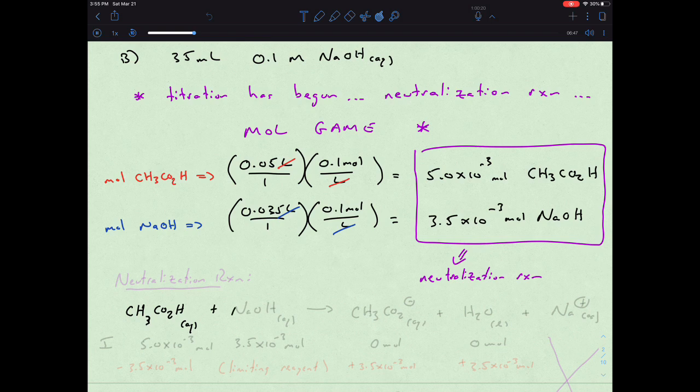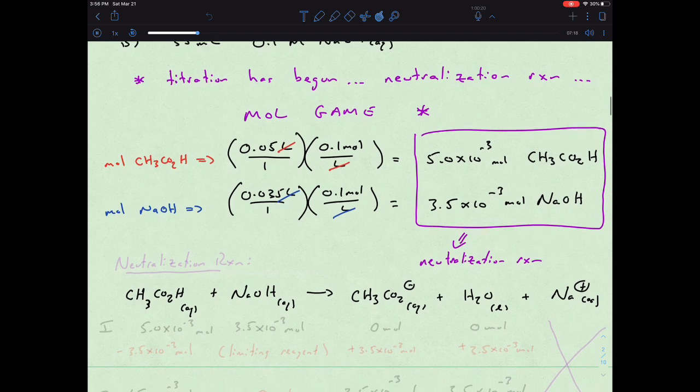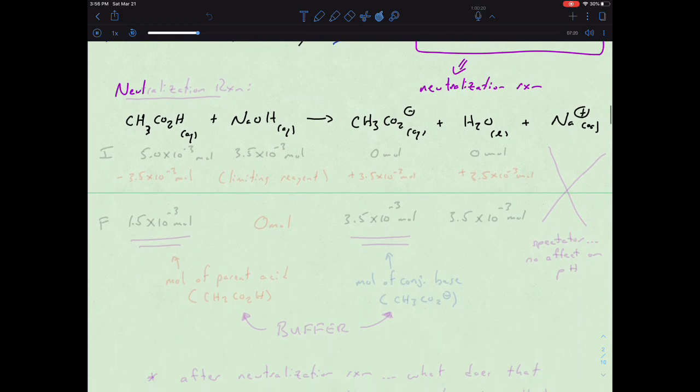It's reacting with the sodium hydroxide, that's aqueous, and we are producing acetate, H2O, and then also we have sodium ions as well. So this is the neutralization reaction.